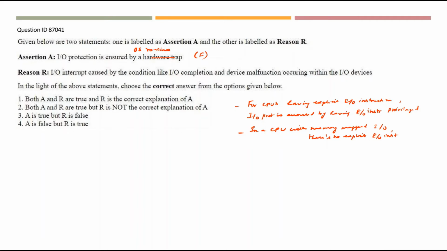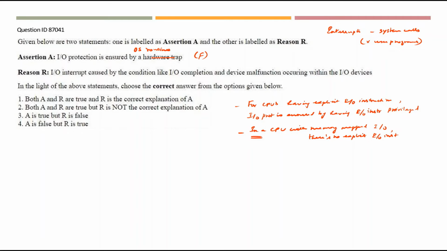In that case, the IO protection is ensured by the operating system routines. So this statement is the exact cause for marking A to be false. In general they say all the interrupts are handled via system calls. That's why in the beginning I said normal user programs are prevented from handling IO directly by IO instructions.